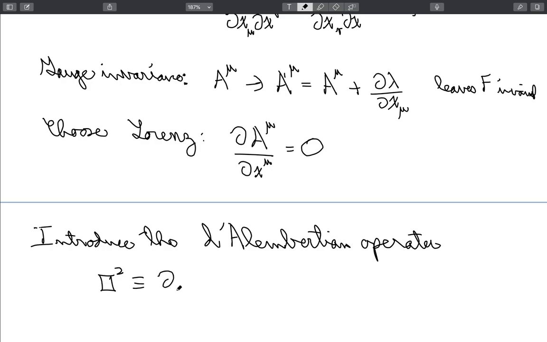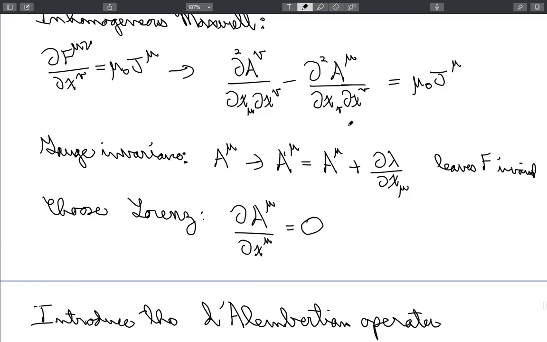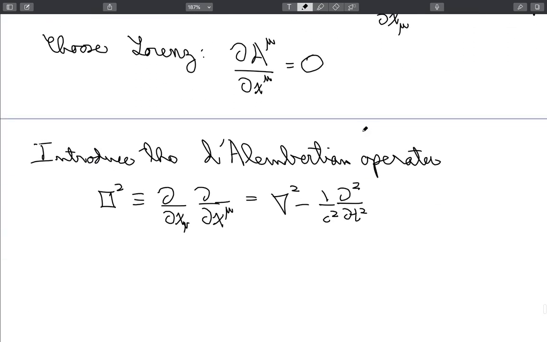It's just d dx mu d dx mu. So again, you just sum over the mu. What is this? It's really just the Laplacian minus 1 over c squared, the second derivative with respect to time. Then if we go back to this equation here, choosing the Lorenz gauge so that this term vanishes, we only get this one left. Okay?